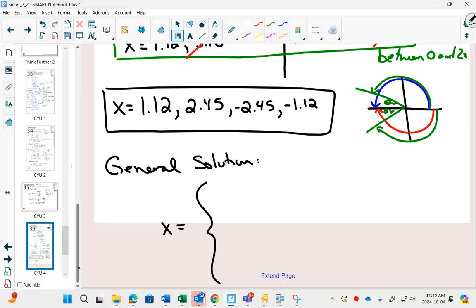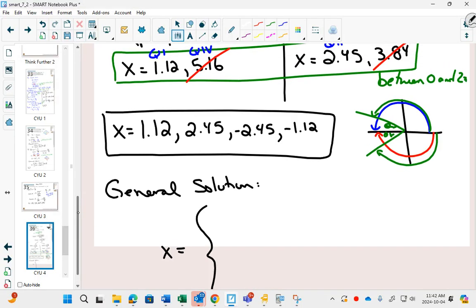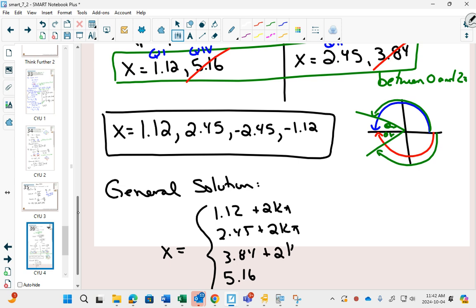For me personally, I like to use, I'm going to scroll up a little bit, the 1.12, the 2.45, the 3.84. I like to use just the positive ones. So another benefit of solving between 0 and 2 pi. We add 2k pi to each of them.